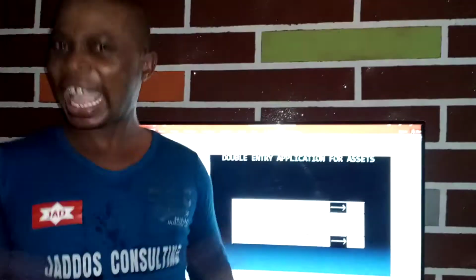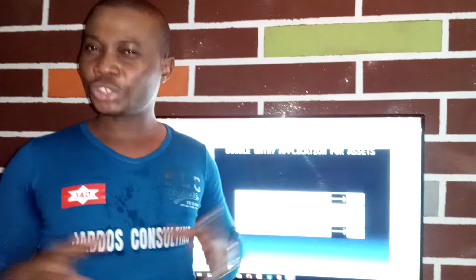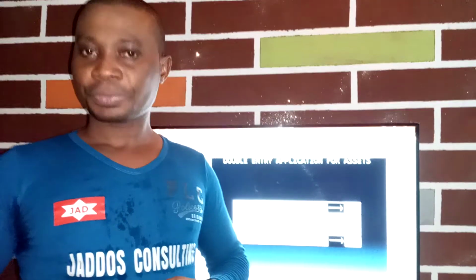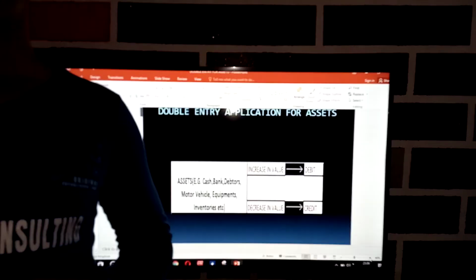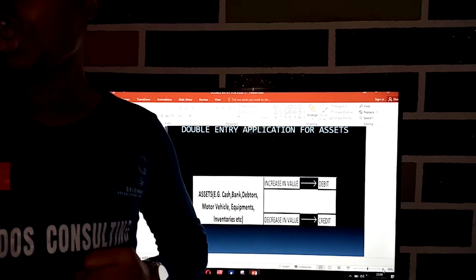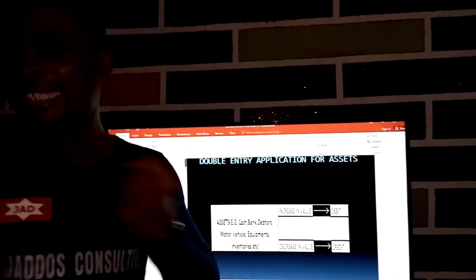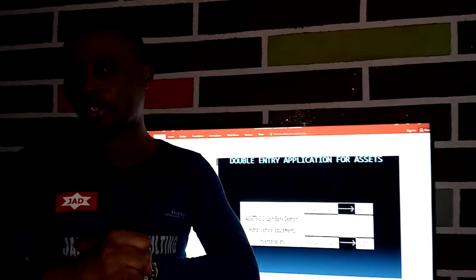I gave examples: cash in hand, cash at bank, debtors, inventories. And then I said non-current assets are assets that are permanent in nature or are not easily transformed into cash in the course of business.